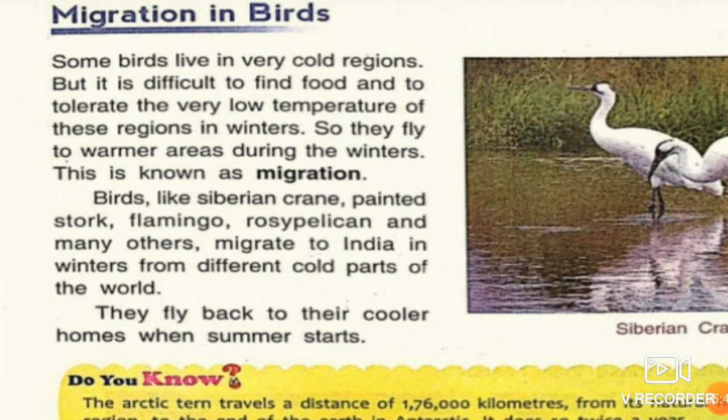It flies thousands of kilometers to reach the Danapur area, and also in Rajasthan there is the Bharatpur Bird Sanctuary. Many different kinds of birds from other places come to these places to find food. They make their nests, lay their eggs, raise their children, the young chicks.